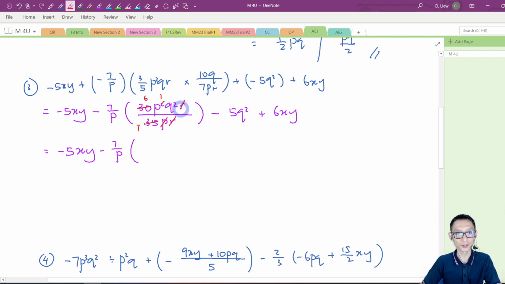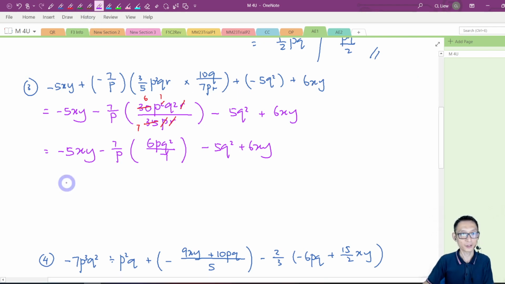R cancel. Now, after doing the simplification, we have to carefully go through this whole term. 6PQ square, 6P power 1, Q power 2. And here we have 7. The rest we just copy first.